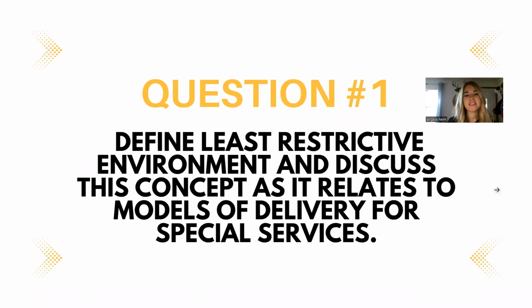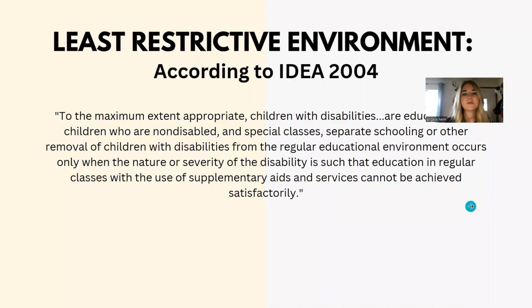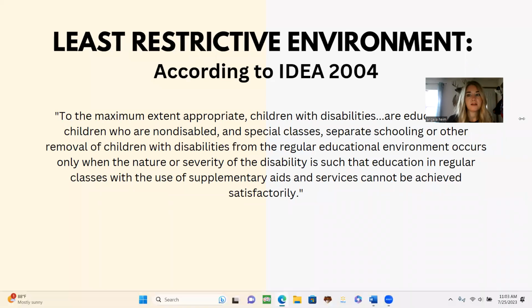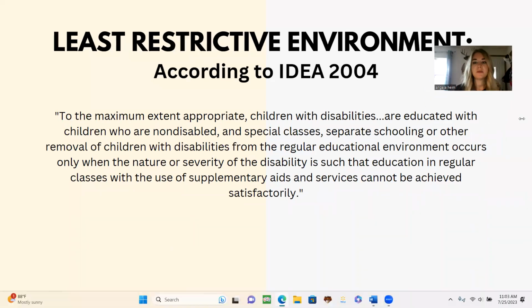The first question is: define least restrictive environment and discuss this concept as it relates to models of delivery for special services. The least restrictive environment is defined by the IDEA 2004 as, to the maximum extent appropriate, children with disabilities are educated with children who are non-disabled.